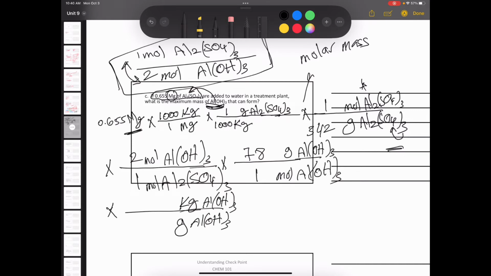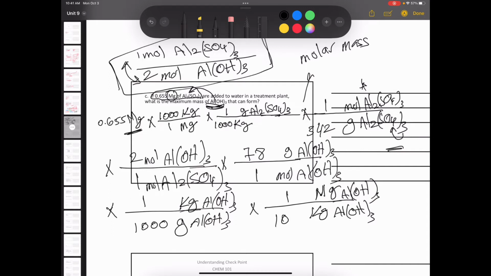And I have 1 kilogram equals 1,000 grams. I still need to convert the kilogram into a megagram. So I need to have megagram over kilogram. And again, we're talking about AlOH3. Every 1 megagram equals 1,000 kilograms.